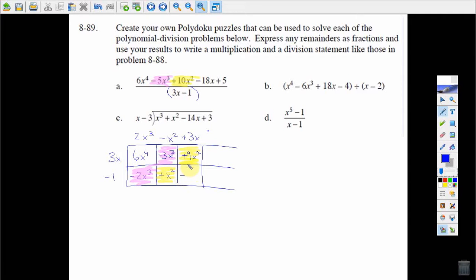This box must be negative 3x. Remember that this plus this have to equal that, which means this is negative 15x, because those two add up to negative 18x, which means this has to be negative 5, because negative 5 times 3x gives us negative 15x. That then becomes positive 5.